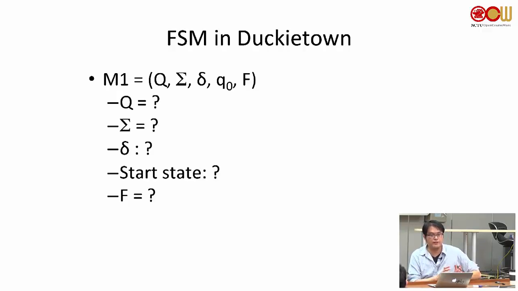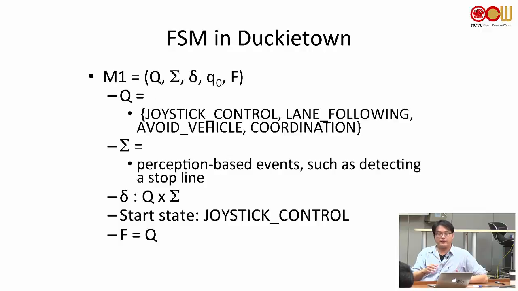So are there any events you know over here? Detect a face. That's great. Actually, I can show you the events, the alphabet. Lots of them are perception-based events. For example, there is a red line over here and the Duckiebot will stop, switching from lane following to another state.